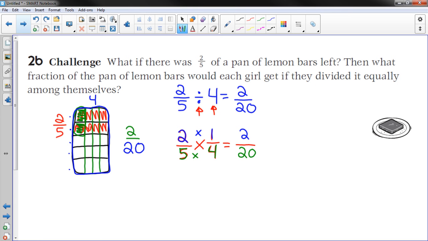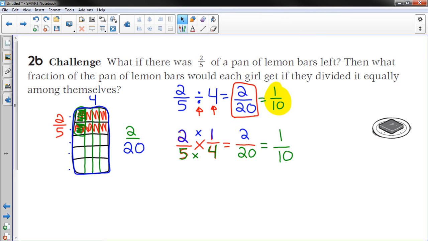You could take one more step and simplify or reduce this to 1/10. You could do the same up here, 1/10. So your ultimate final answer, if you simplify your answer, is 1/10. But I will accept 2/20ths as well. Either one for now, but try to work on simplifying if you can.